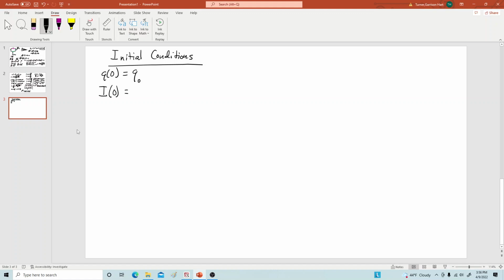Well, when you first flip the switch on the circuit, the current hasn't started flowing yet. So we're going to get an initial value of the current equal to 0. And by the way, this is due to the inductor.